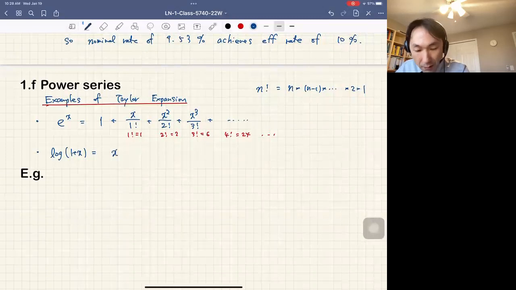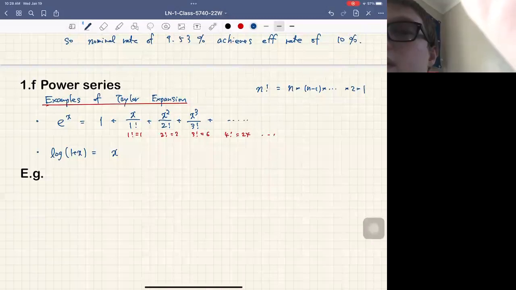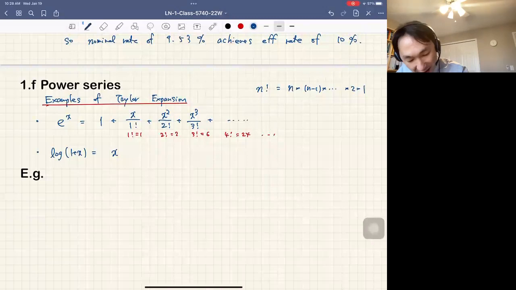How about the second term? What's the coefficient of x squared? 1/2. Close to 1/2, but we have negative 1/2.